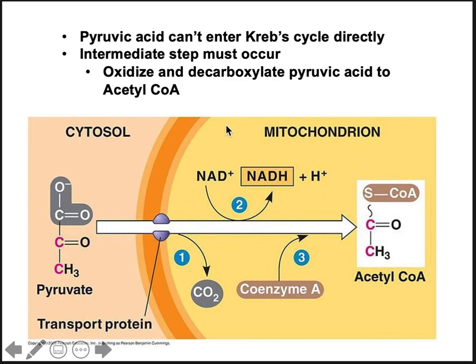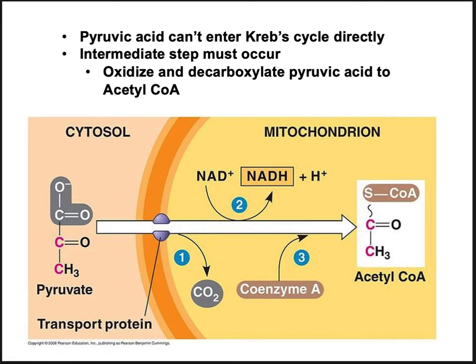Okay. And then we also have to add, and so these are all different enzymes that are carrying out these reactions, but we also need to add coenzyme A, which remember we saw from when we were looking at different vitamins and cofactors and coenzymes, right?